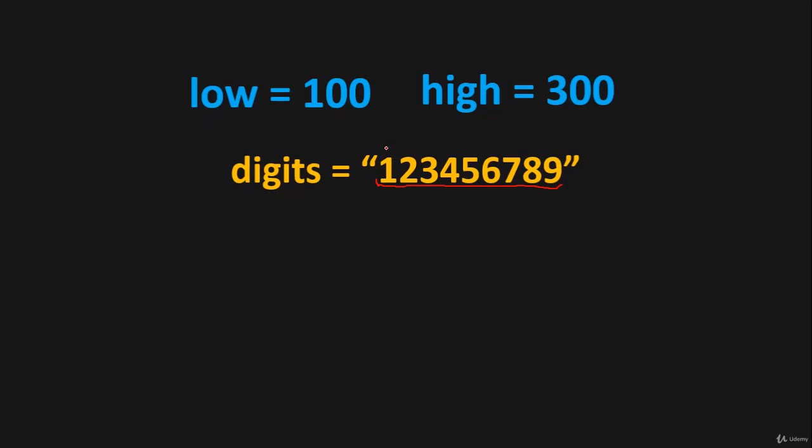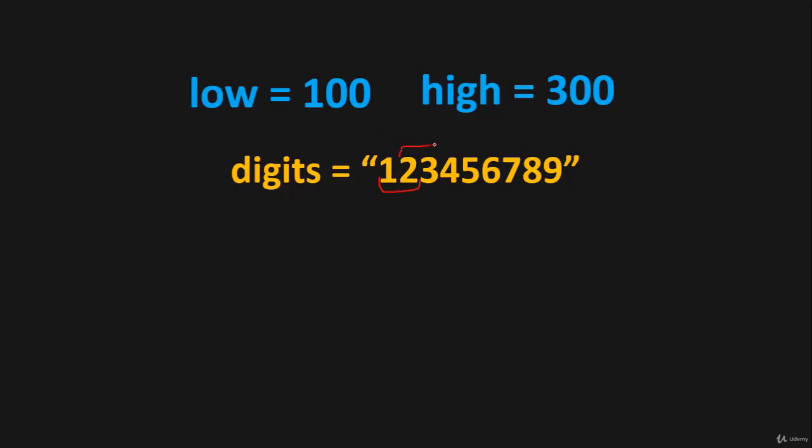First, we're going to generate the sequential digits of length 1. We have 1 is less than 100, then 2 is less than 100, then 3 is less than 100, and all the single digits of length 1 are less than 100. If we choose 2 digits, in this case 1 2, we see 1 2 is less than 100.